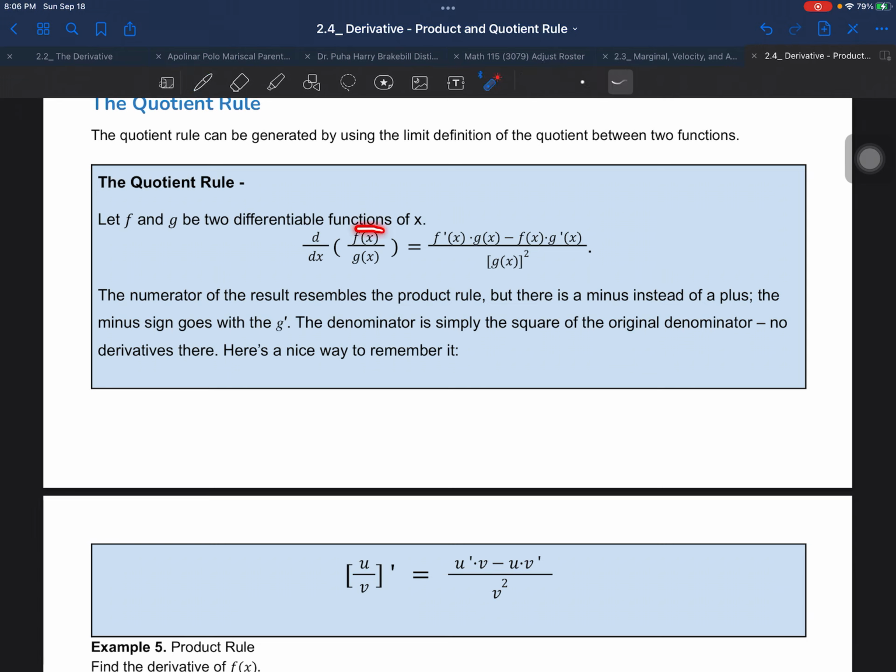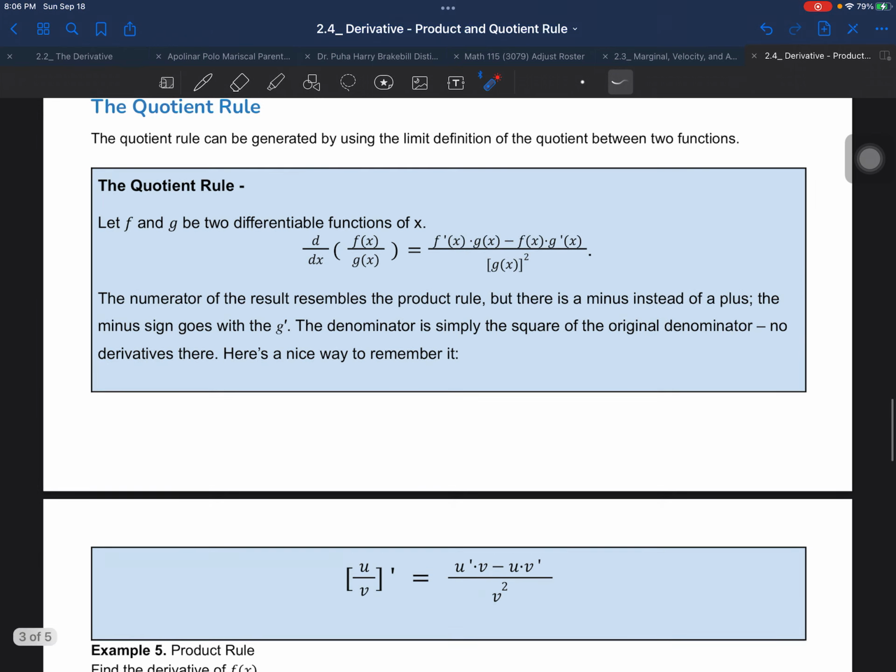So if we're looking for the derivative of the quotient f over g, then the derivative will be the difference between the derivative of the top function times the bottom left alone, minus the top left alone times the derivative of the bottom one, and then divide the whole thing by the bottom function squared.